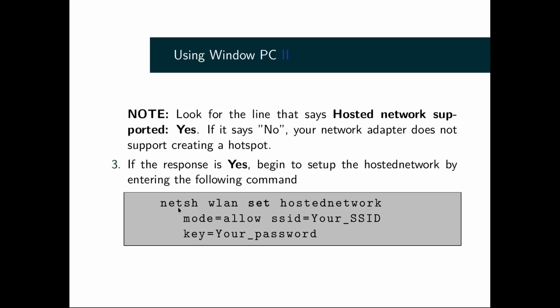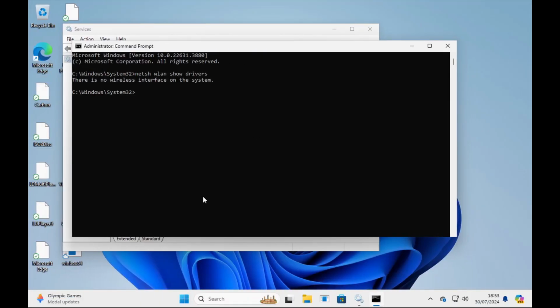Just enter this command: netsh wlan set hostednetwork mode=allow. We must allow the mode. Then ssid, that is the name of our wireless.